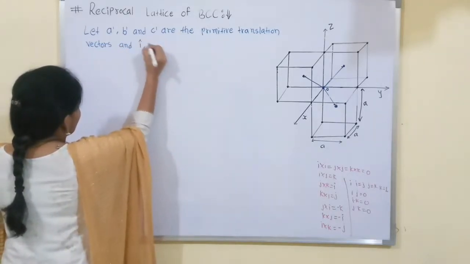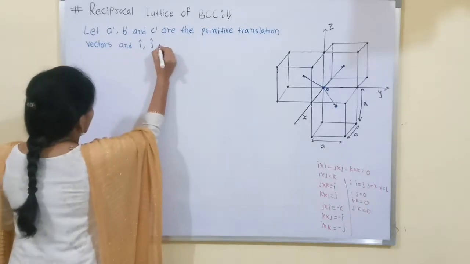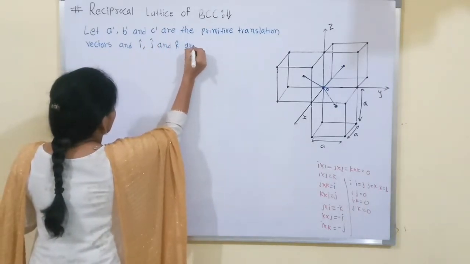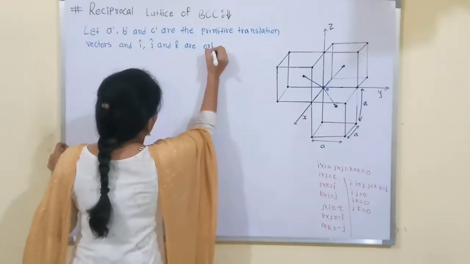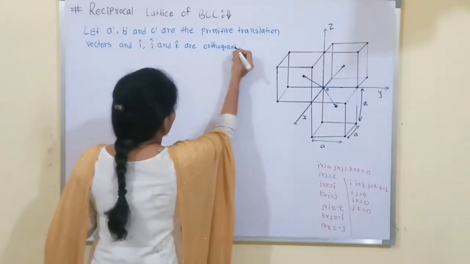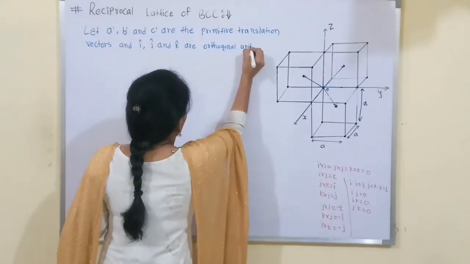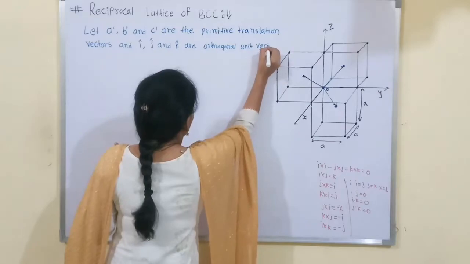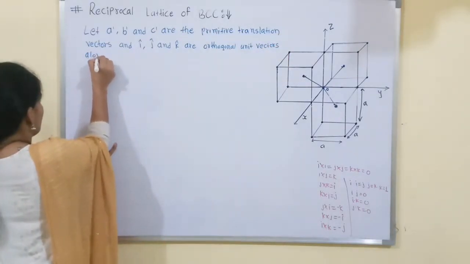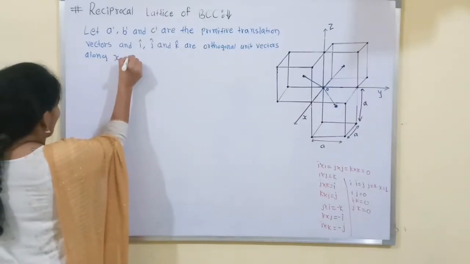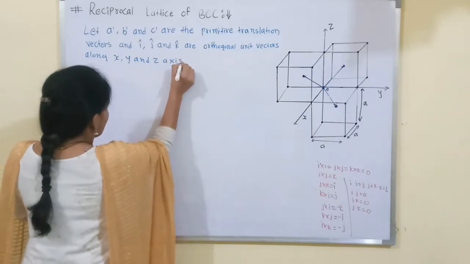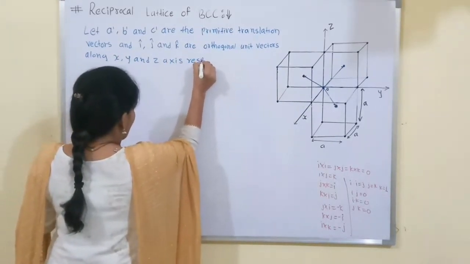And i, j and k are orthogonal unit vectors along x, y and z axes respectively.